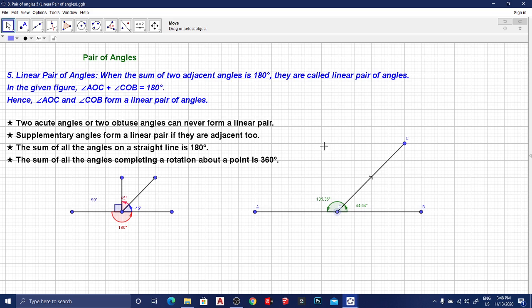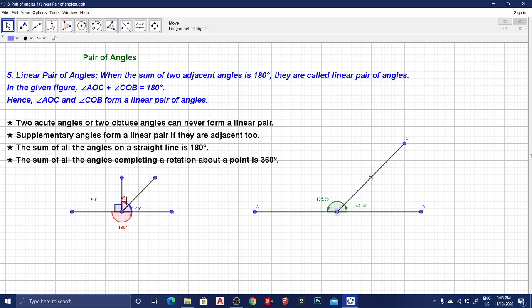So in the given figure, angle AOC plus angle COB is 180 degrees. Therefore, angle AOC and angle COB form a linear pair of angles. Next, these are the four important properties we will learn here. Two acute angles or two obtuse angles can never form a linear pair.